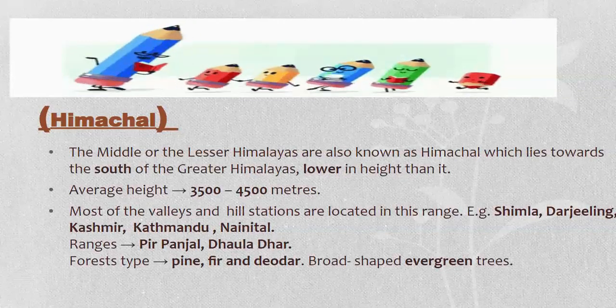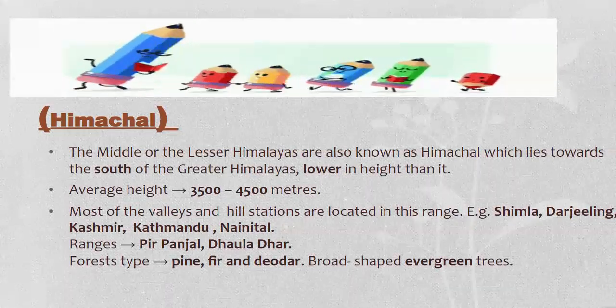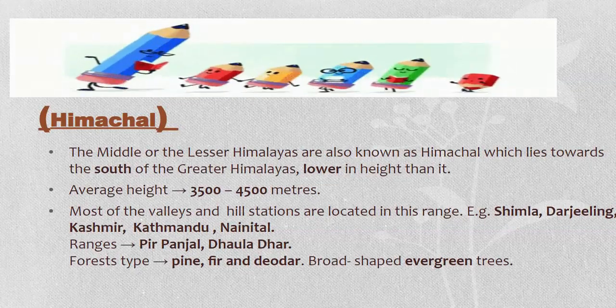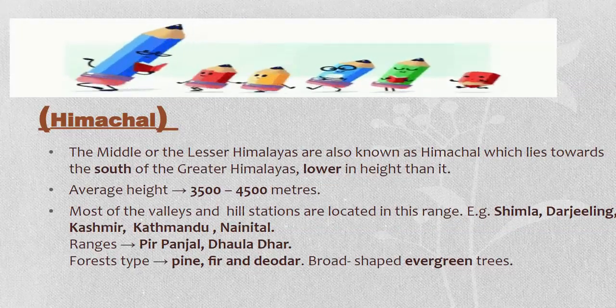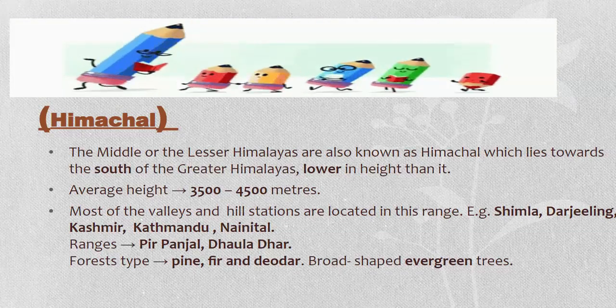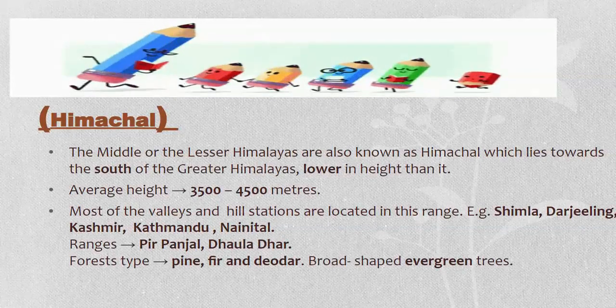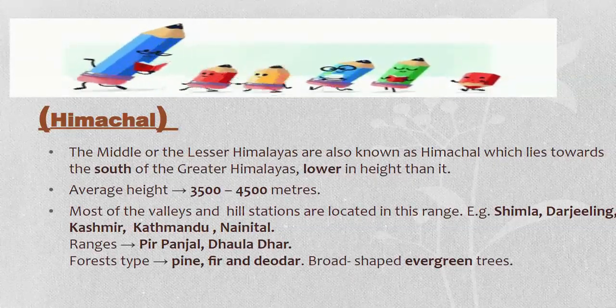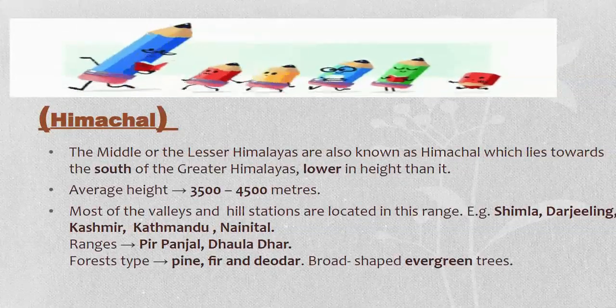Its average height is 3,500 to 4,500 meters. Most of the valleys and hill stations are located in this range. Examples of some are Shimla, Darjeeling, Kashmir, Kathmandu, Nainital. I am sure you all must have visited any of these.